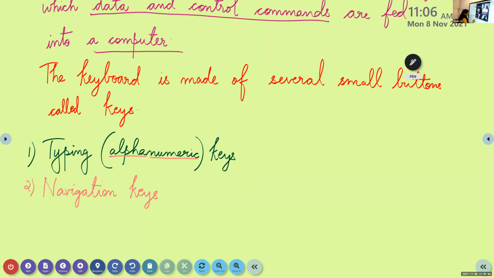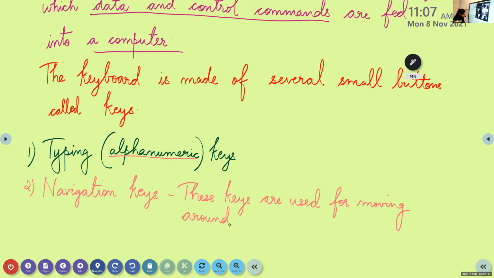These keys, please write. These keys are used for moving around. In the next class, I'll show you pictures and videos, okay? And you'll understand more.